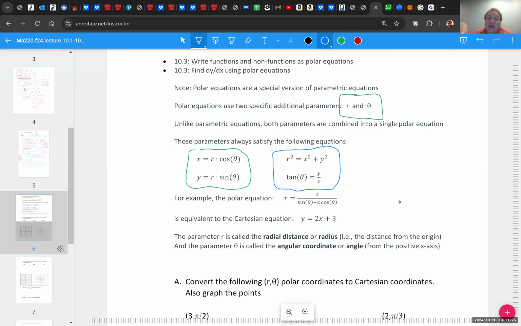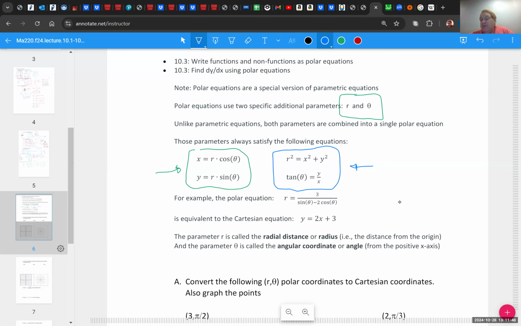Essentially, what you can see is that on the left-hand side in green, if you're not color blind, this is a way of finding x and y if we're given r and theta. If we're given what r and theta are, you can plug them in and find x and y. And over here on the right-hand side in blue, these are the ways of finding r and theta. If you know what x and y are, you plug them into the right-hand side.